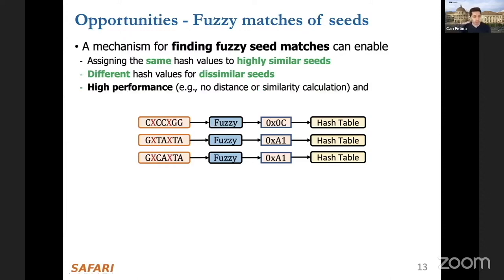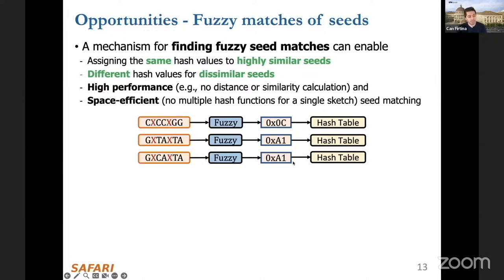So we also want to do it with high performance, meaning we don't want to calculate the distance or similarity between these seeds. We want to generate these hash values very efficiently without any distance calculation.